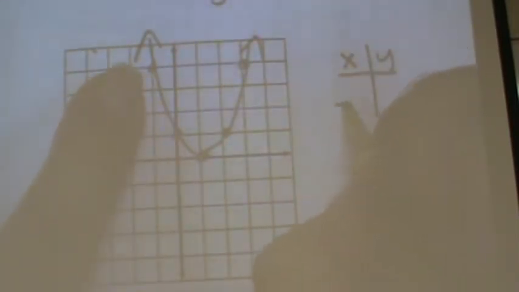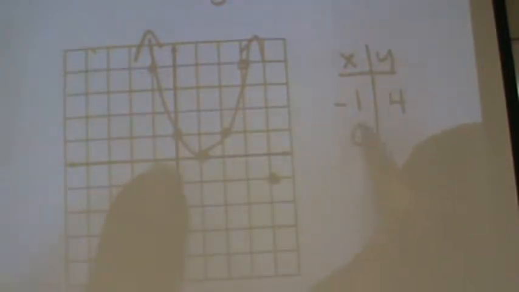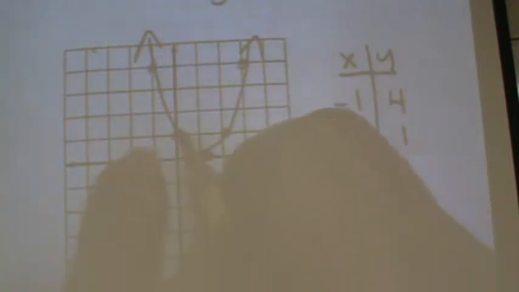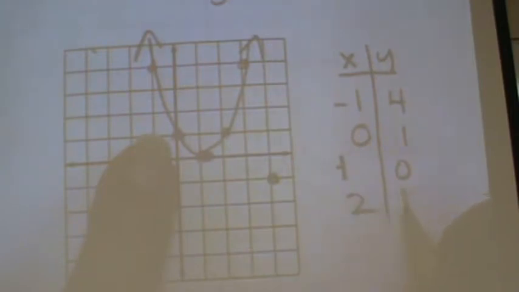This ordered pair is -1, 4. So we're going to graph 4, -1. This ordered pair is 0, 1. We're going to graph 1, 0, which is right there. And we have 1, 0, you're going to graph 0, 1, which is that. And then we have 2, 1, you're going to graph 1, 2.